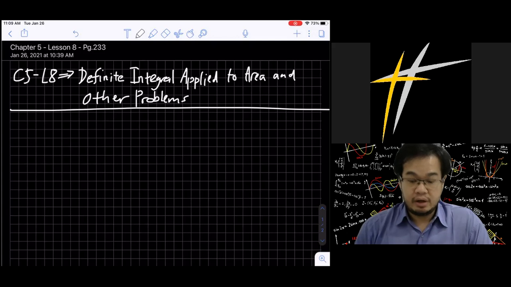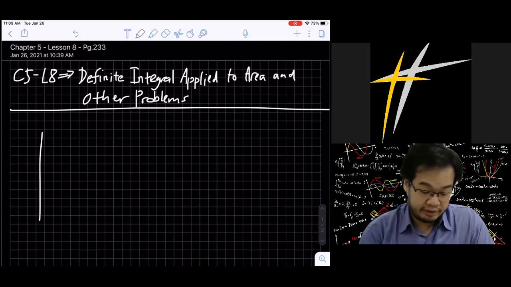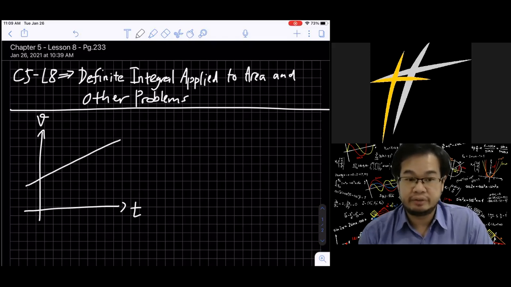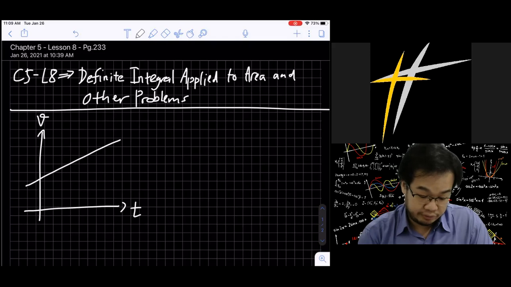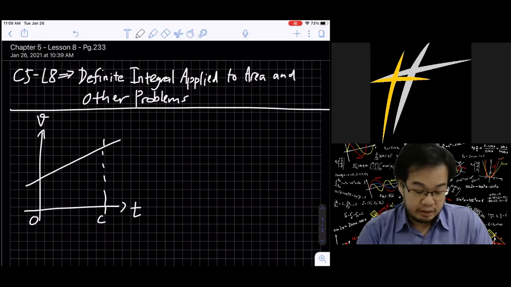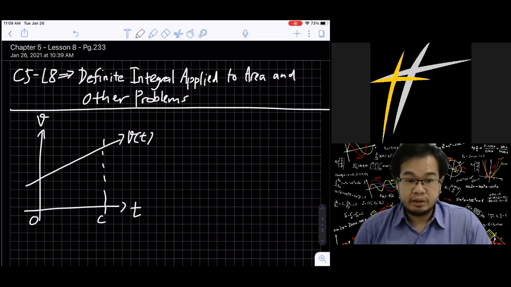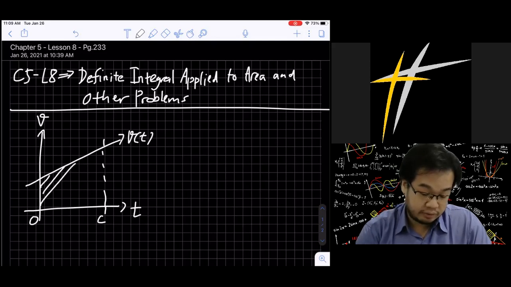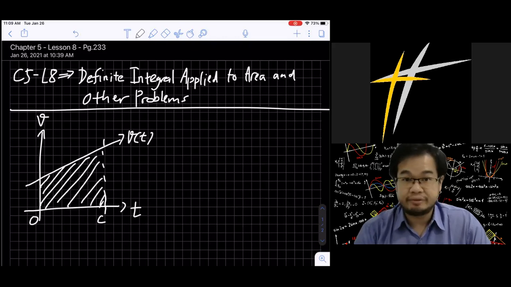What's the distance? In physics, we learned that if we have a graph of velocity versus time, and an object moves according to this graph, then from a particular time, let's say from 0 until c, where this is v of t, you can find the distance traveled from t equals 0 until t equals c by finding the area below the graph.